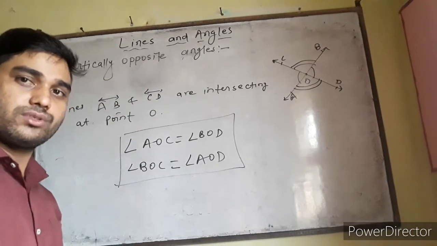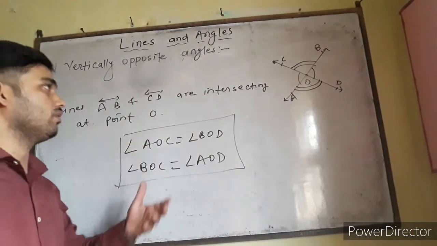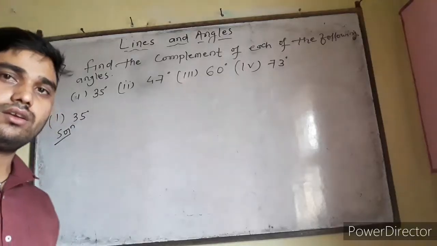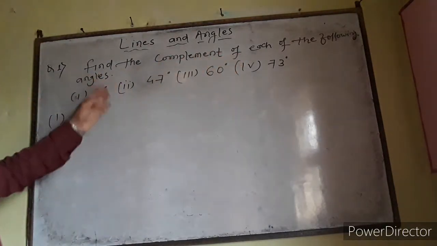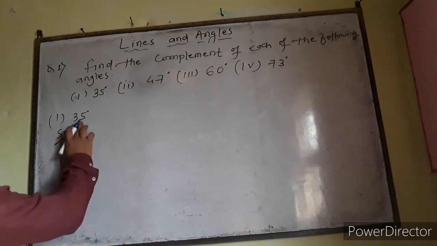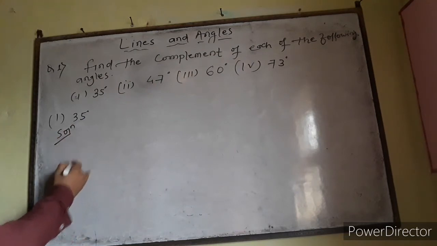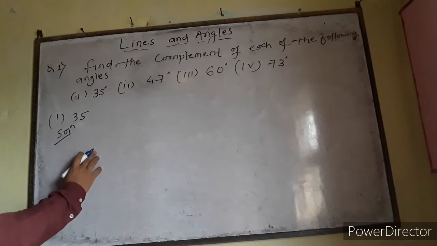Now let's see a few questions related to these points. First question: find the complement of each of the following angles. The given angle is 35 degrees.